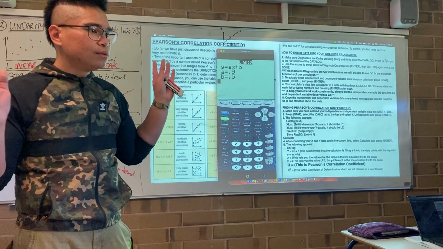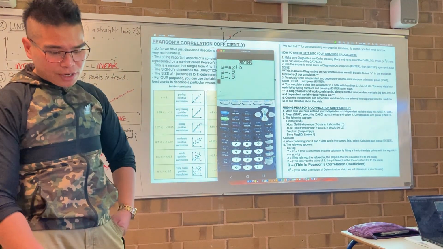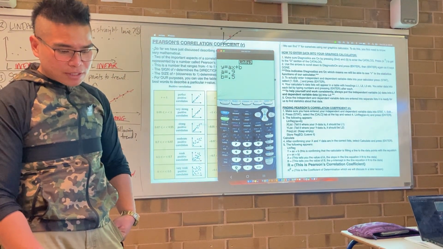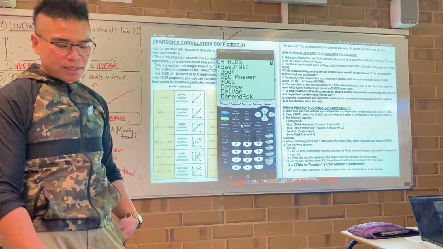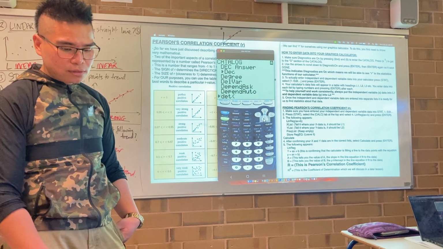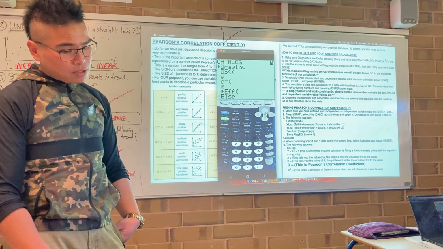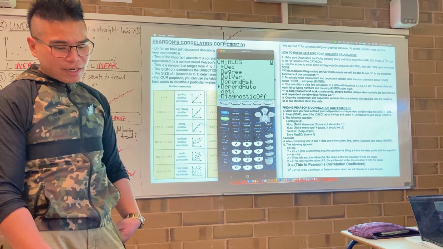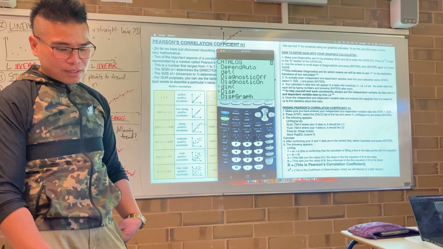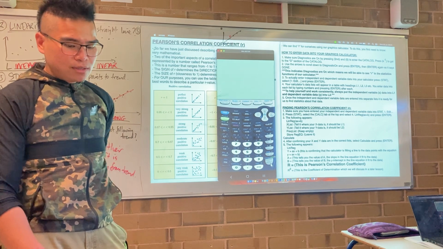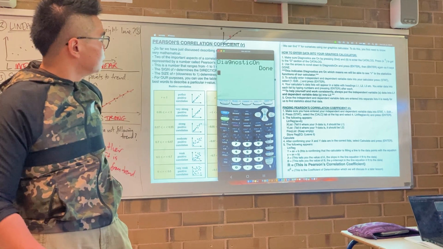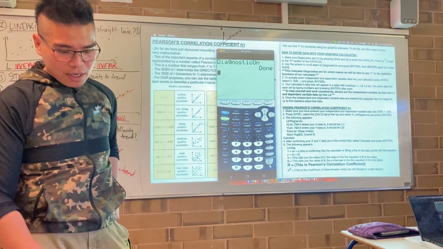Just turn it on. So whenever I turn my calculator on, I go second, catalog, scroll down to the D's, DiagnosticOn, enter. They're gonna strike my video down, aren't they? Three strikes. DiagnosticOn, done. I'm gonna do the exact same thing.